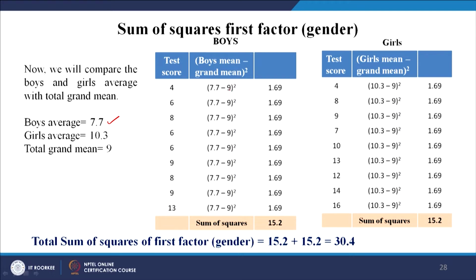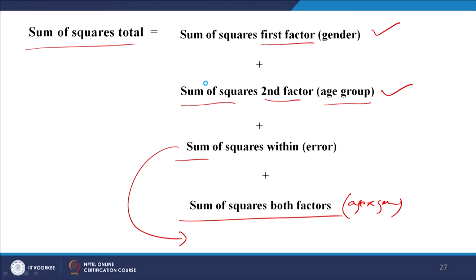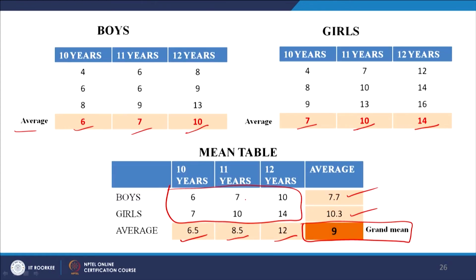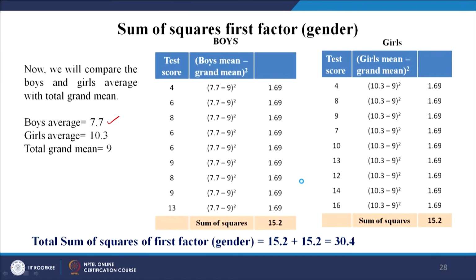Let me show you here. So, the mean of the boys, or the average of the boys, right, is how much? 7.7. So, now what we are doing is 7.7 minus 9, 9 is my grand mean.